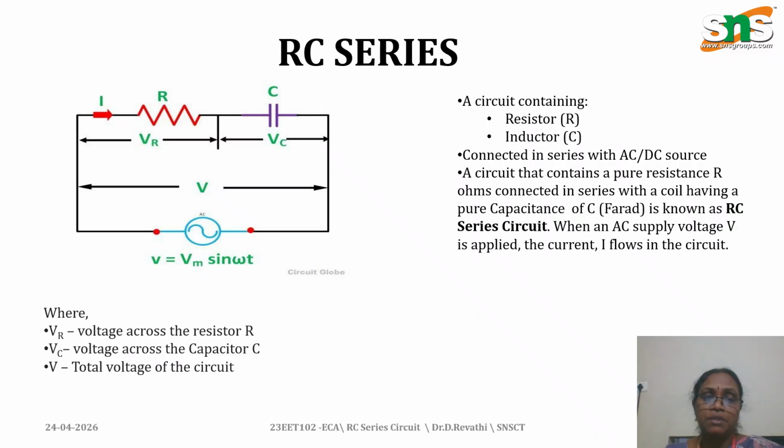If you give the supply, the current flowing through R and C is the same, but the voltage differs. Here the voltage across the resistor is VR, the voltage across the capacitor is VC, and the total of these two voltages is V. And as I already mentioned, the unit of capacitance is farad.